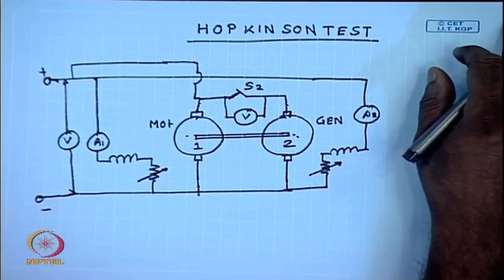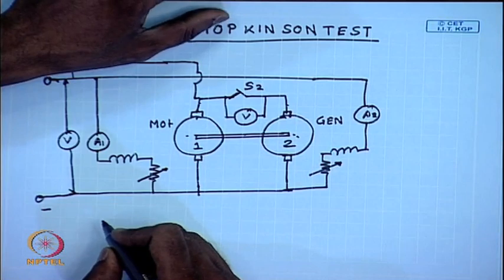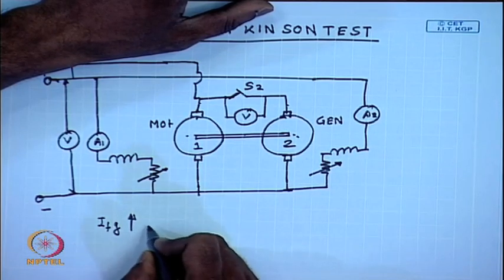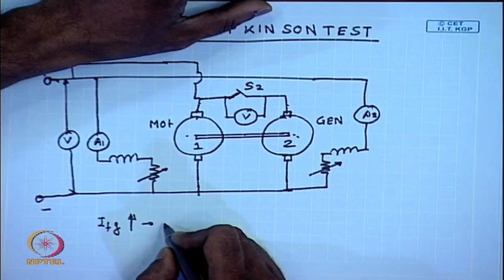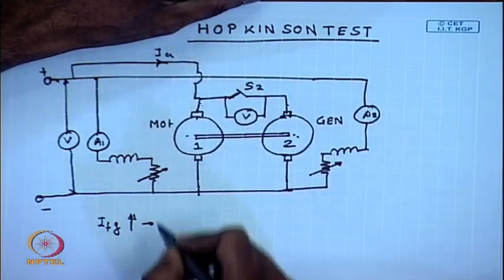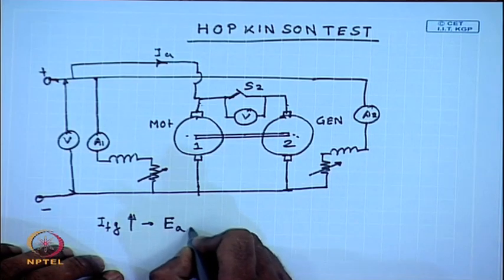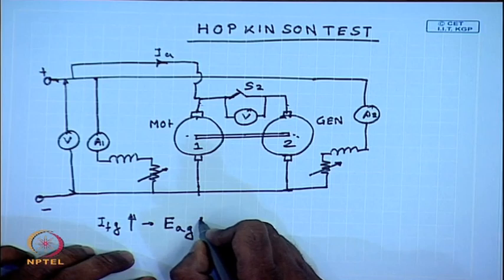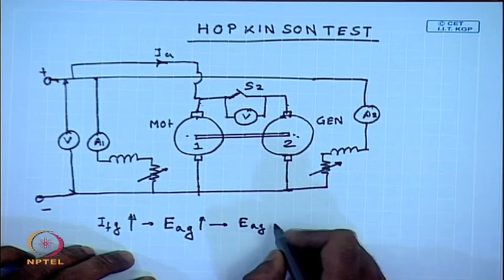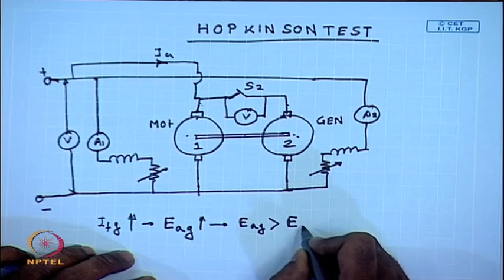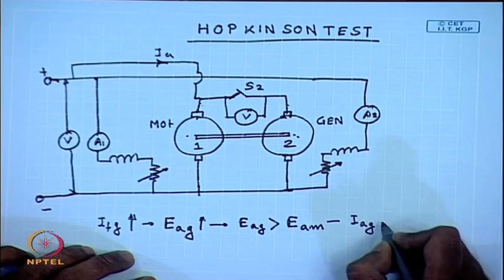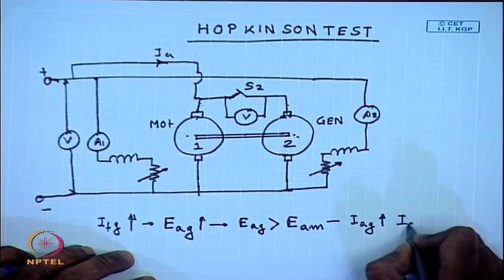The cause effect relationships are like this: if the generator field current is increased, then that will cause an increase in the generated voltage, and it will make the generated voltage of the generator greater than the back EMF of the motor, which will increase the generator armature current as well as the motor armature current.